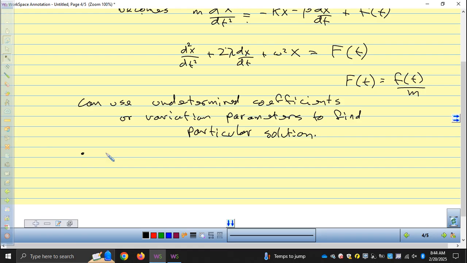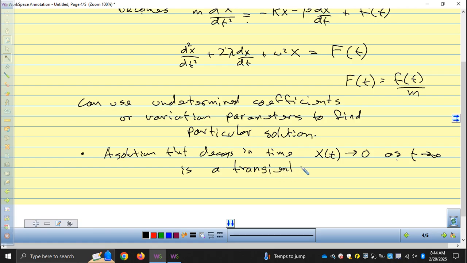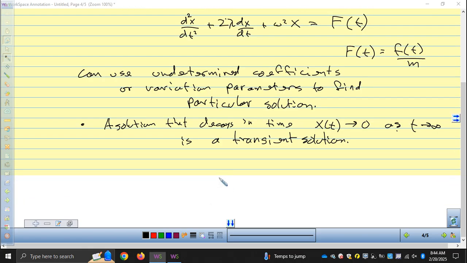A solution that decays in time, so we're saying x of t approaches 0 as t approaches infinity, is called a transient solution. A solution that does not decay in time is called a steady state solution.